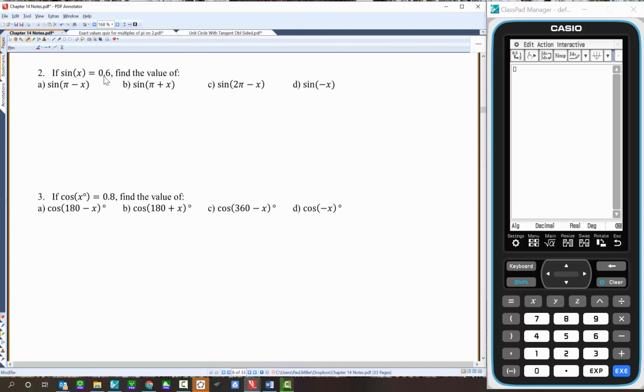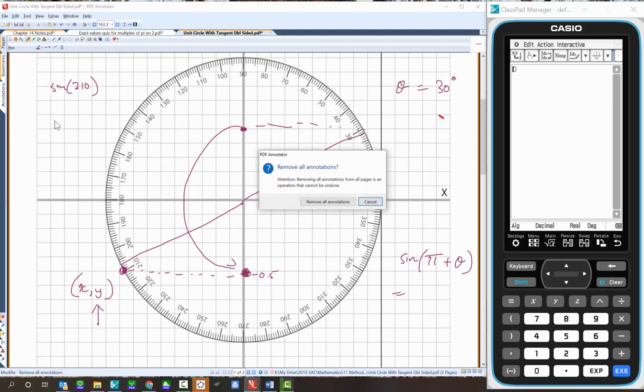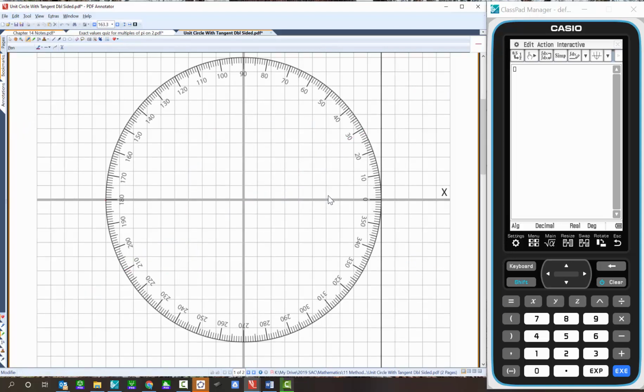The sine of x is equal to 0.6. We're being told this. So what I'm going to do is draw that. Sine is the y value. So there's 0.1, 0.2, 0.3, 0.4, 0.5, 0.6.